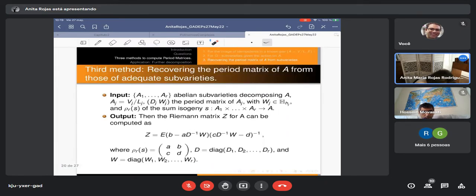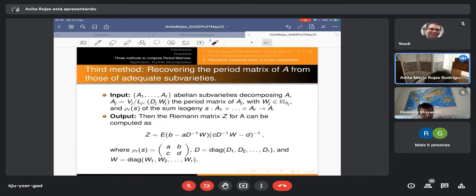And with that, the third method is that you can recover the Riemann matrix of the ambient variety. So if you have subvarieties decomposing a variety A, that means that A is isogenous to the product of those, and you know the period matrices of the pieces.